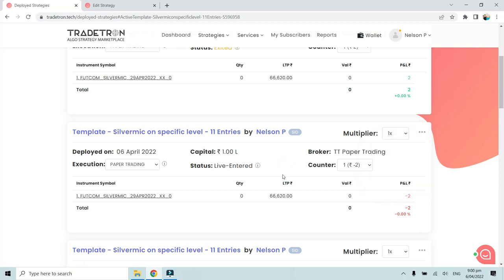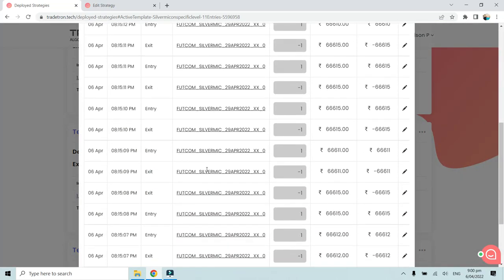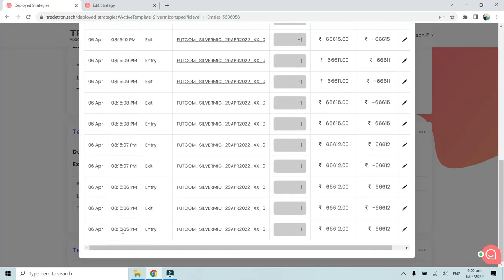Once it entered, it has gone into a live entered status. The strategy is not yet exited, but it is not taking any trades. As you can see over here, it started taking trade at 8:15, and after that it went into exit.